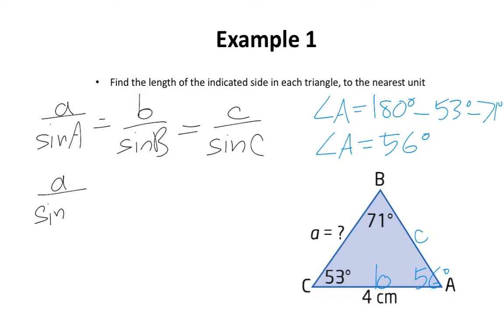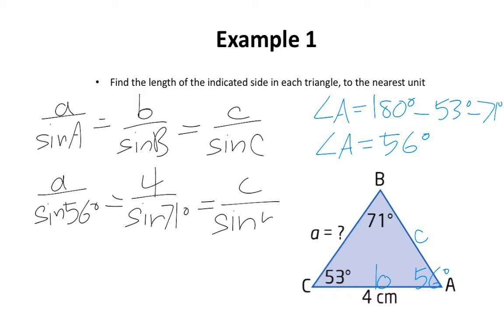I've just figured out angle A, which is 56 degrees. Side length of B is 4 centimeters. Angle B is 71 degrees. The side length of C is unknown, while the angle C is 53 degrees.